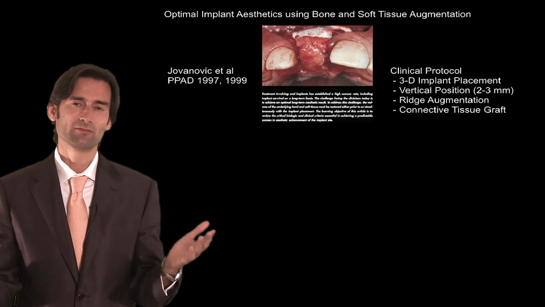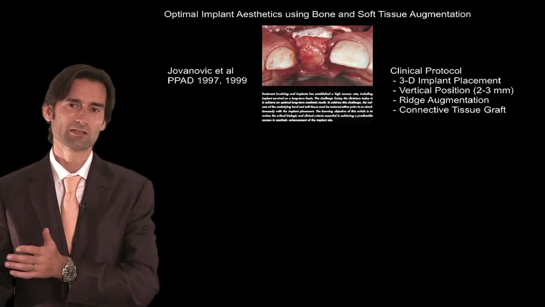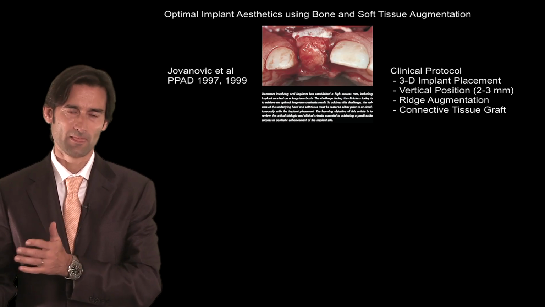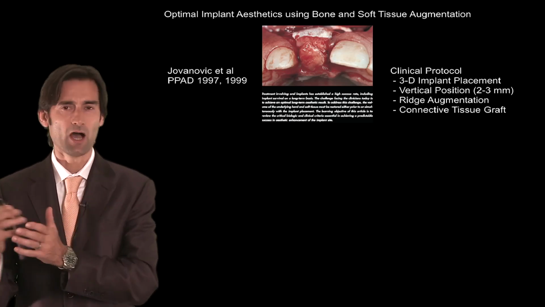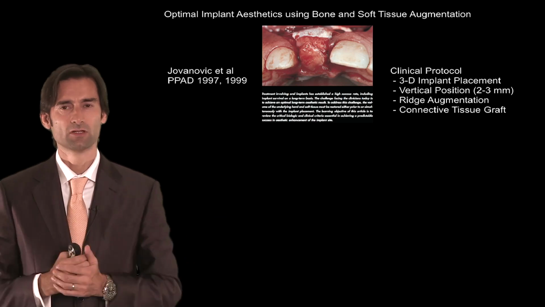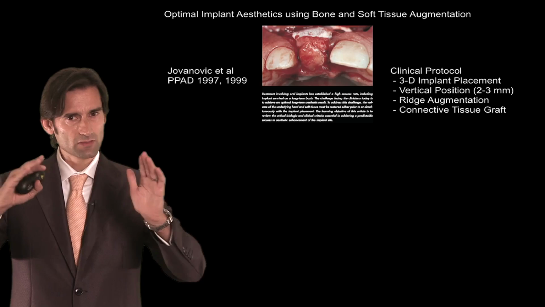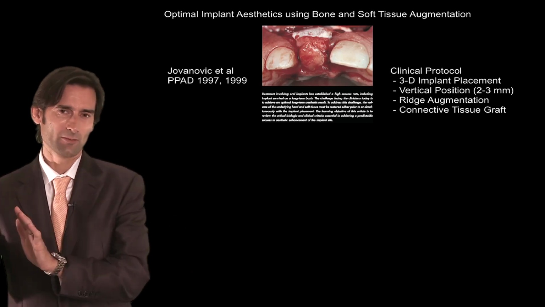If needed, you have to think about ridge augmentation. And if needed, we have to think about soft tissue grafting. This brings us really an optimal soft tissue dimension. And then, of course, also use the 10 key criteria and use them as applicable in your patient.